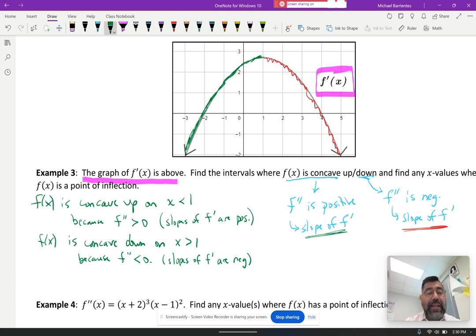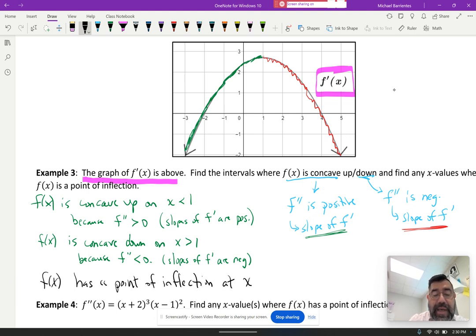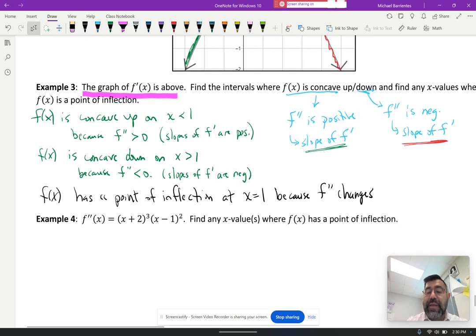And then finally, is there a point of inflection? f of x has a point of inflection where? At x equals 1, because the second derivative changes signs at that point.